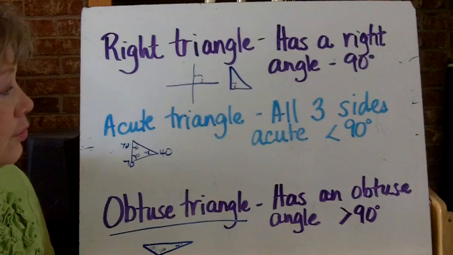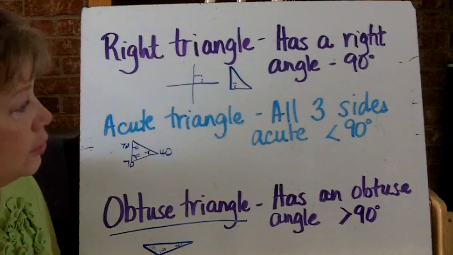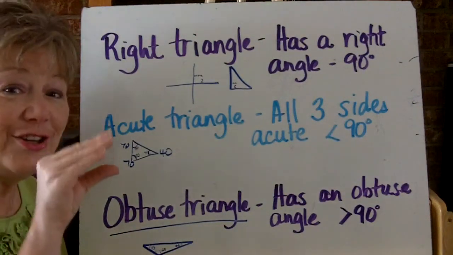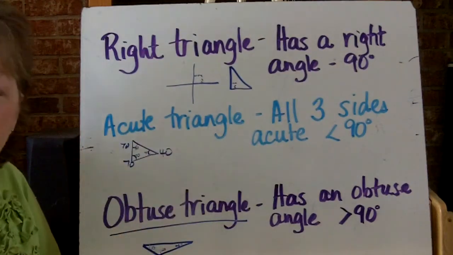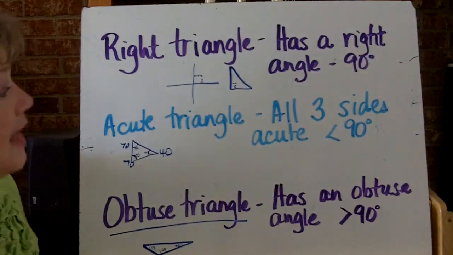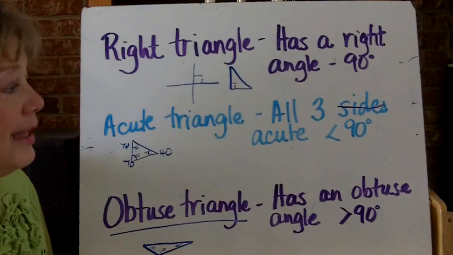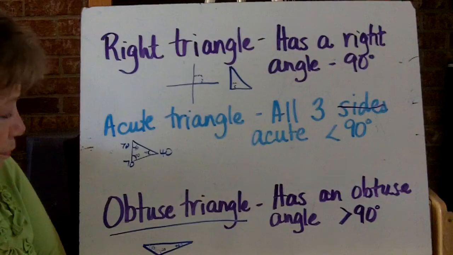If the triangle's interior angles are all less than 90 degrees, if they all have acute angles, then it's called an acute triangle. With all three, I said all three sides, that's really wrong. All three angles are acute, less than 90, then it's an acute triangle.